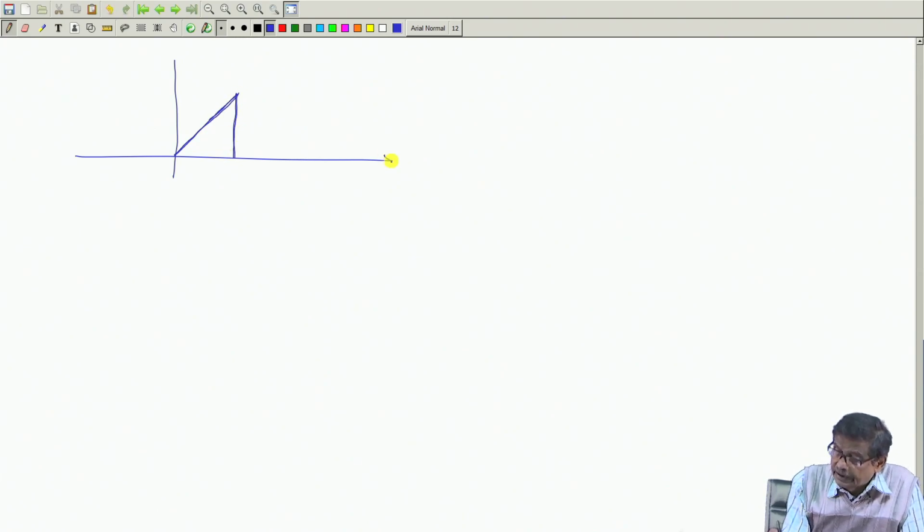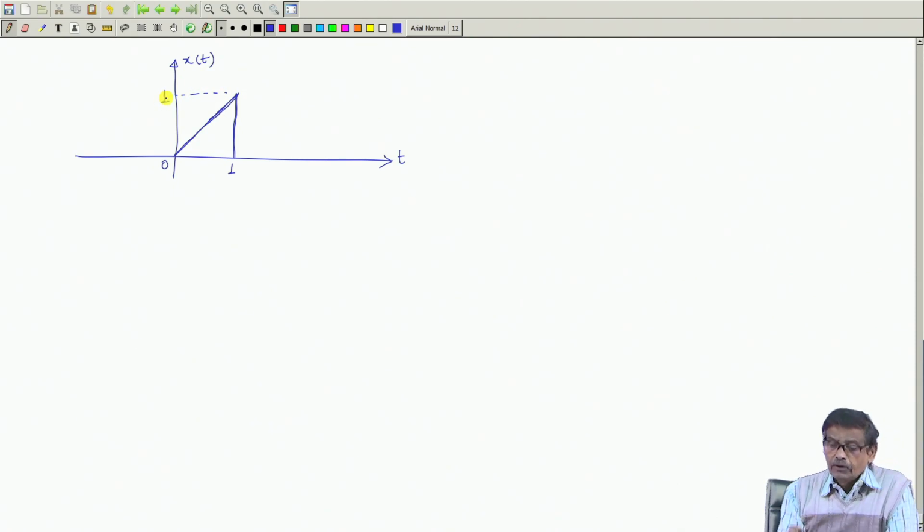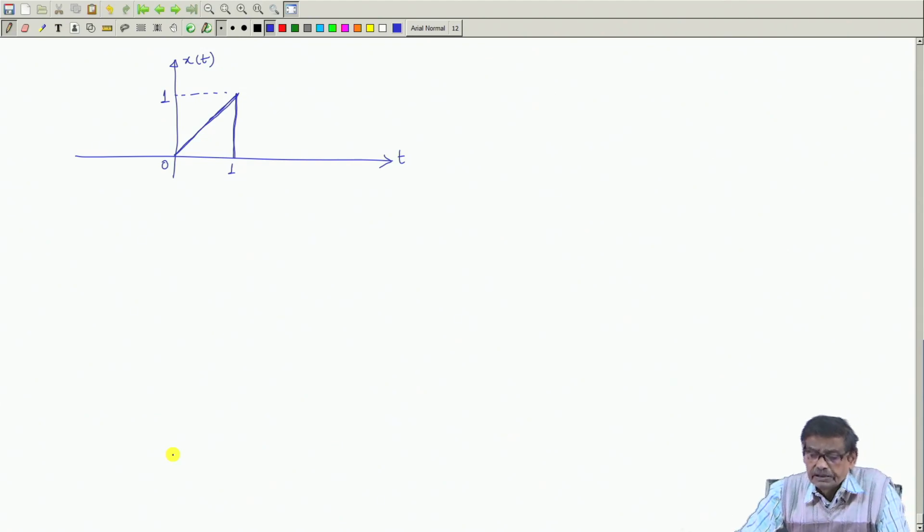This is time, this is your x t. So this is suppose 0, this is suppose capital T. Let us put some number. Suppose this is 1 and the value of the function is also 1 here. How to represent this function in terms of either unit step or ramp functions like that.